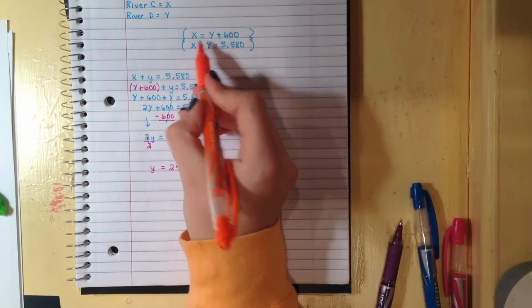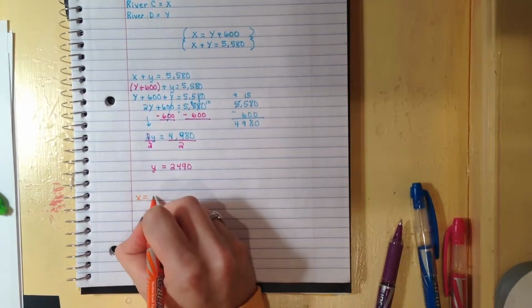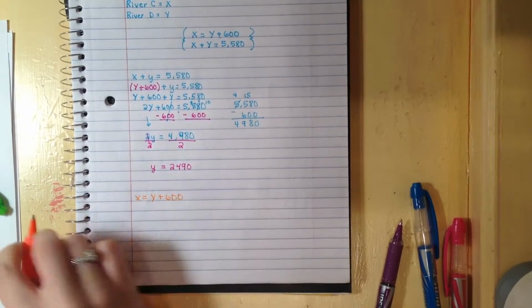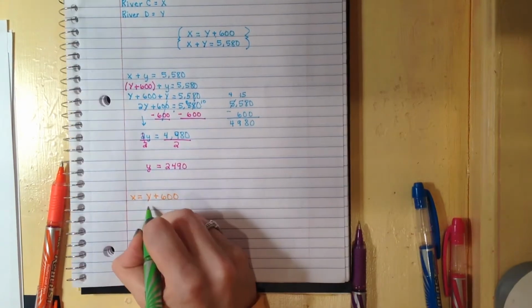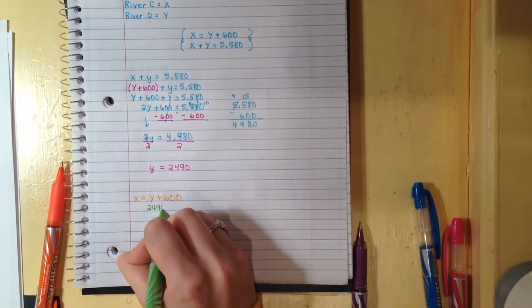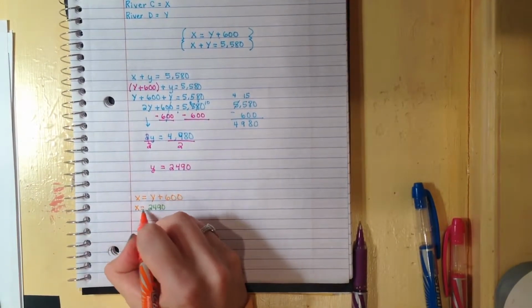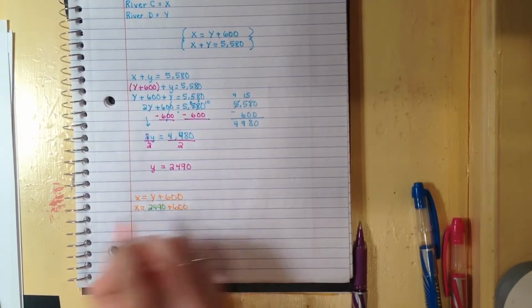I'm going to use x equals y plus 600. And my y, once again, is 2,490. X equals 2,490 plus 600.